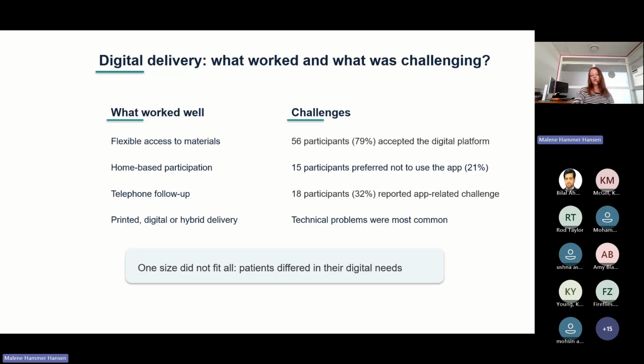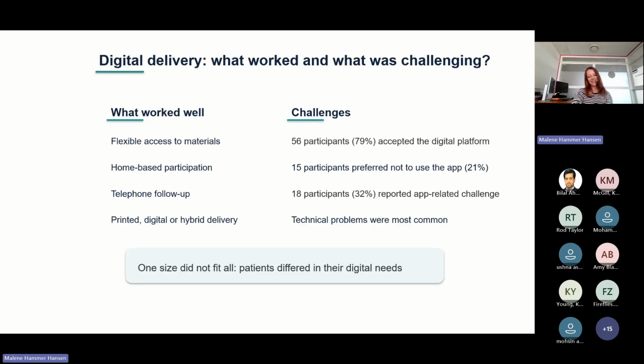So for those who used the platform, many participants expressed that they appreciated the flexibility. They could access the program whenever it suited them. They could watch the exercise videos. They could revisit the educational materials, and they could combine the digital resources with the printed materials.